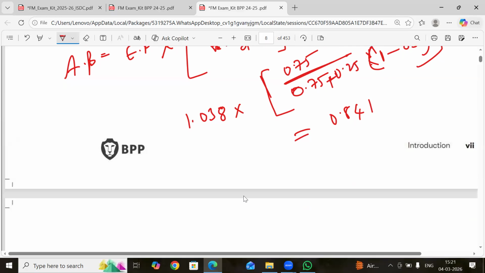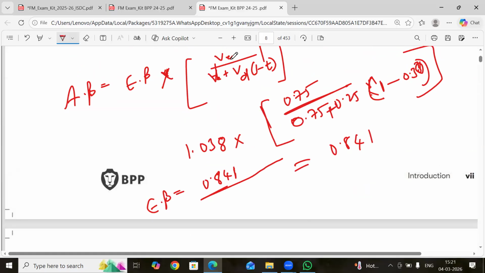So now what we'll do, equity beta is equal to 0.841. The formulas are given to you in your books itself. Whole divided by this formula. Okay, because you are finding out equity beta.